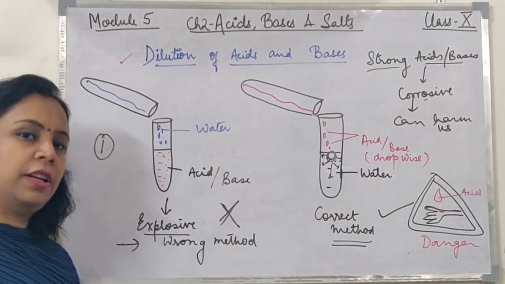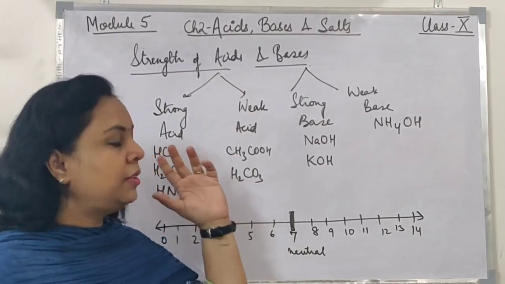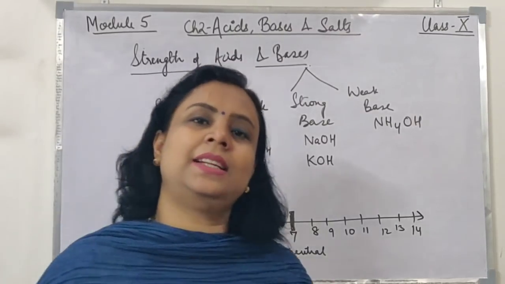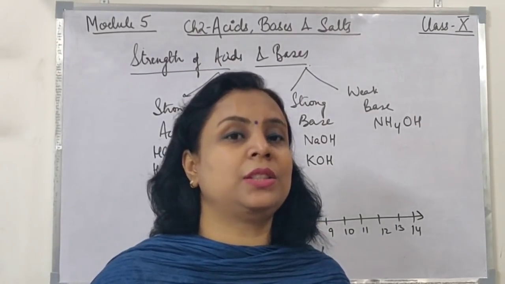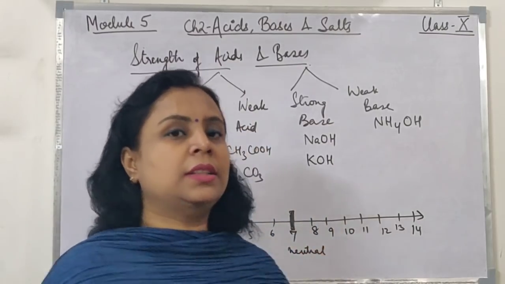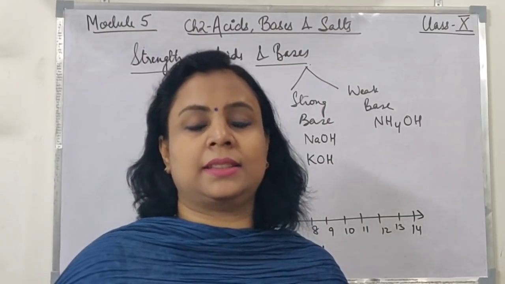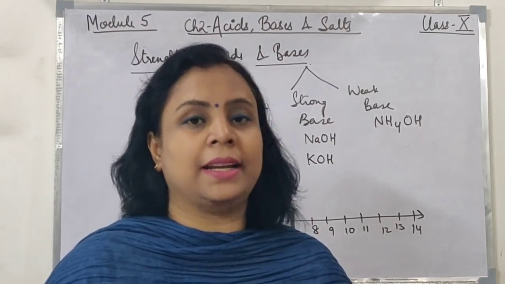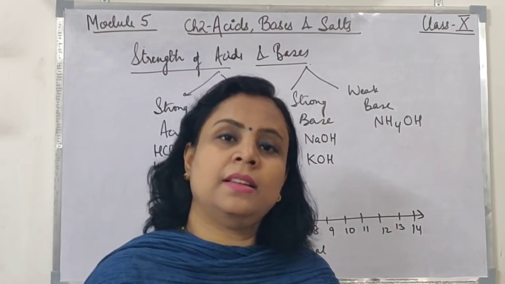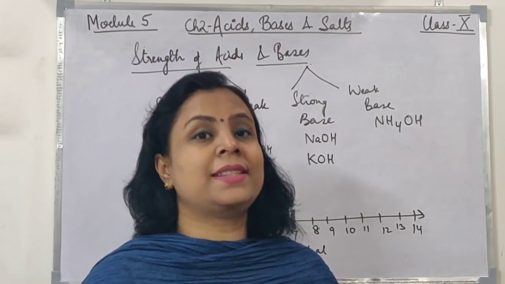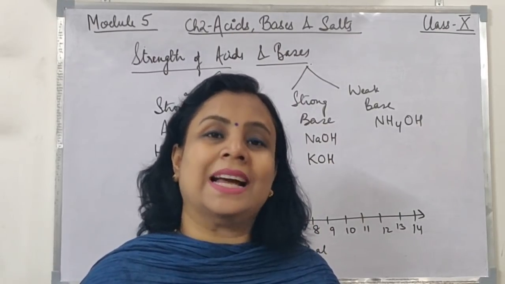bases very carefully. Now children, the strength of an acid and base, what do you understand by this term strength? Depending upon the number of hydrogen ions, or hydronium ions, that are released in the aqueous solution, we can say the strength of the acid depends.